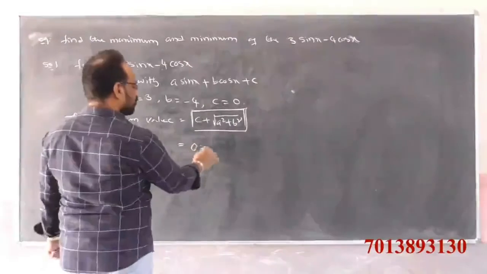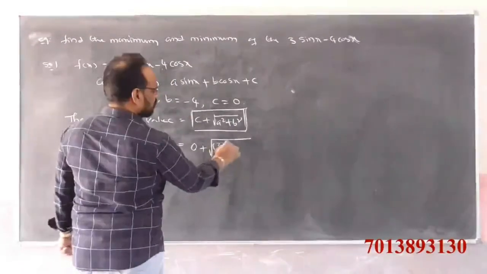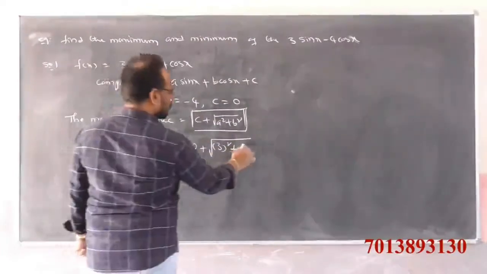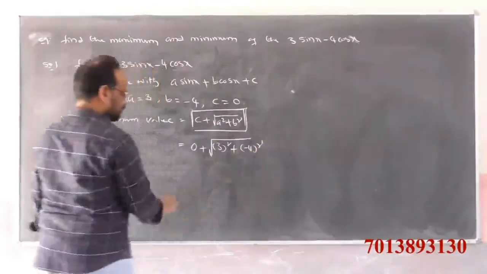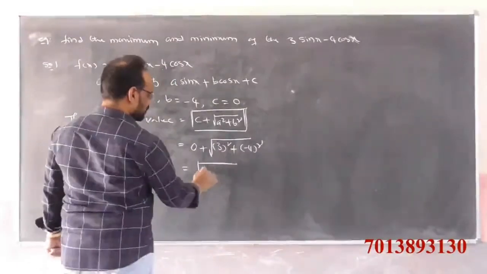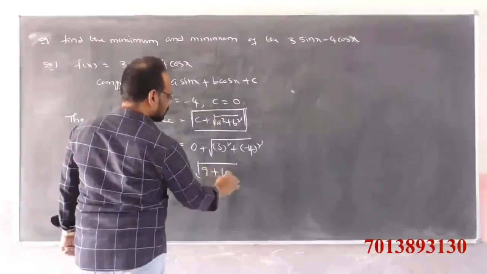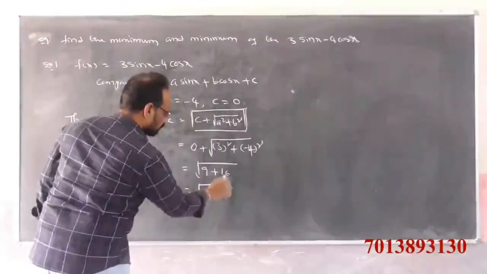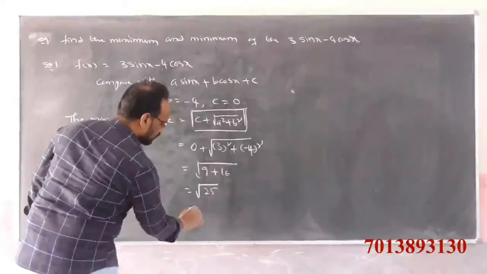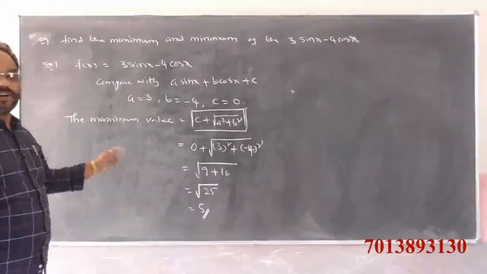Clearly 0 plus square root of 3 whole square plus minus 4 whole square. 3 square is 9, 4 square is 16. That is equal to square root of 16 plus 9, 25. Square root of 25 is equal to 5. So the maximum value of this function is 5.